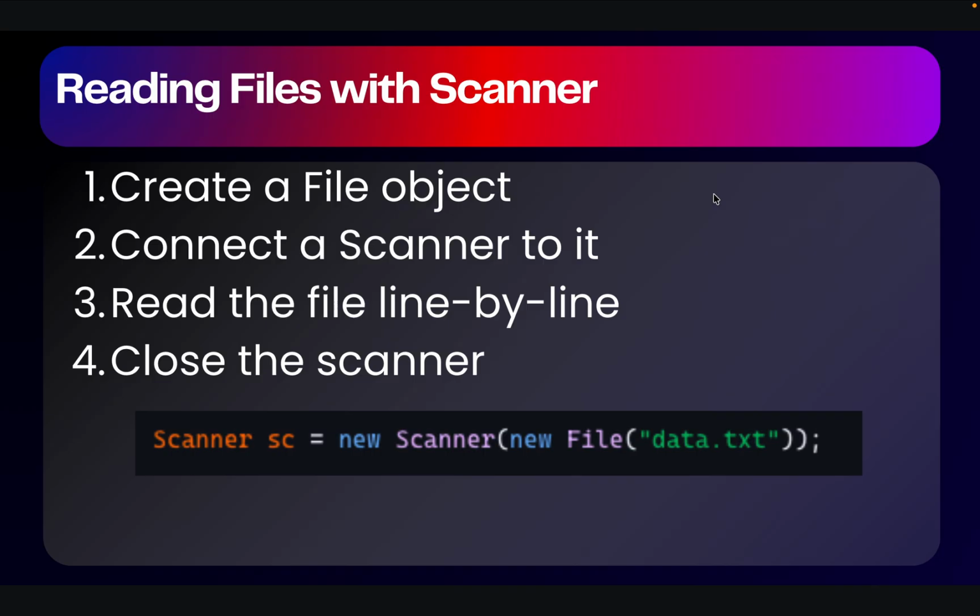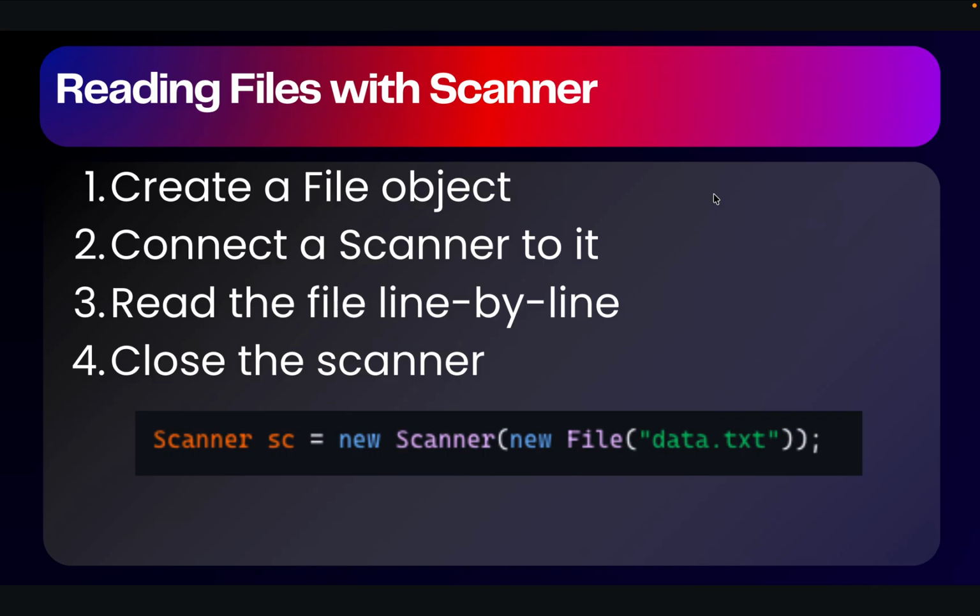Now first, when you're reading your file, we're working with a Scanner object. The very first thing you would have to do in this case is create your file object. Once that's done, you need to connect that file object to a Scanner.